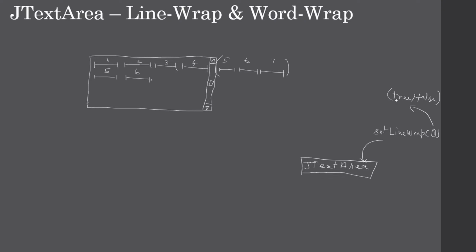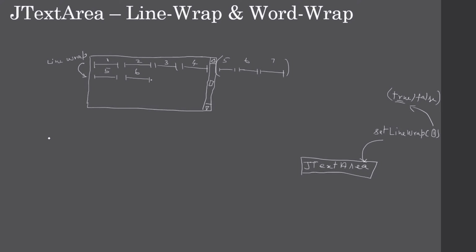The default is false, and if you set it to true, then we can resolve the issue of weights exceeding the width of the JTextArea. The user will type their weight 1 2 3 4, and when they type the fifth weight, if there is no room to accommodate it in the current line, a line wrap happens. So this is what is called line wrap. The line is automatically wrapped to the next line.